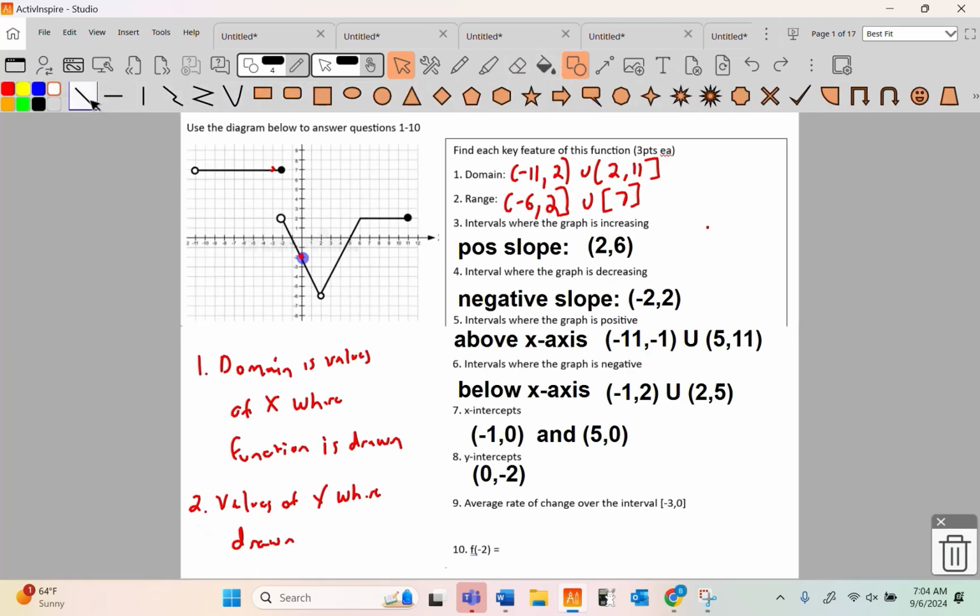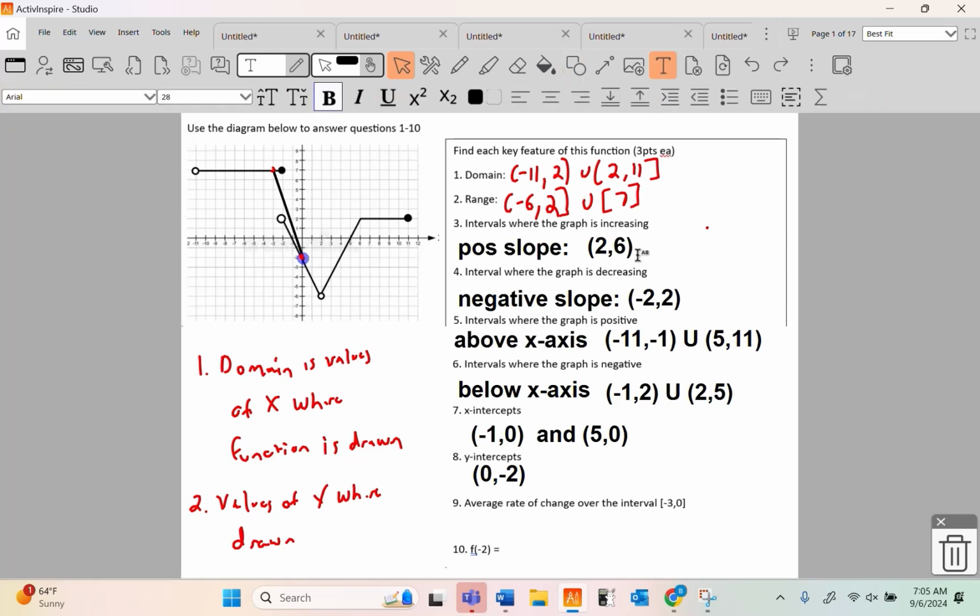And now I'm going to connect them with a line. And I fell from 7 to -2. So I fell 9 units. It's a negative number. And I ran, if you just look over here at the interval, 3. So this reduces down to -3.